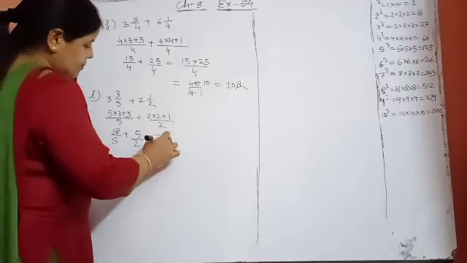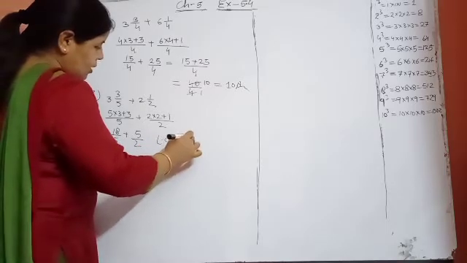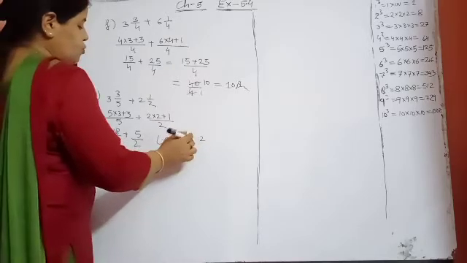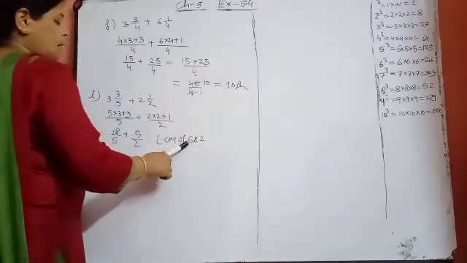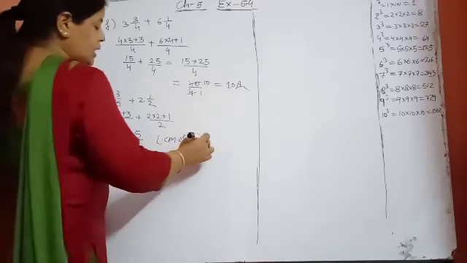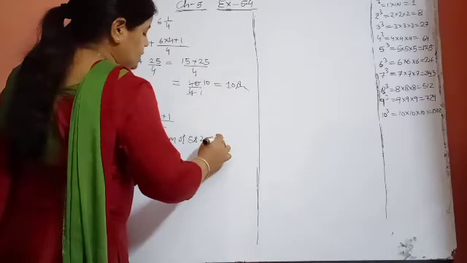Now the LCM of 5 and 2. Again you see that 5 and 2 have no common factor, so their multiplication will be the LCM.